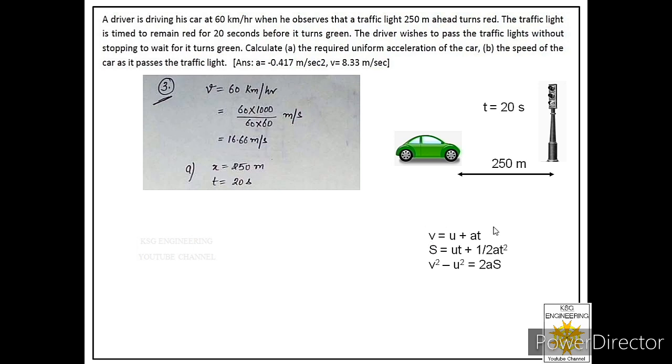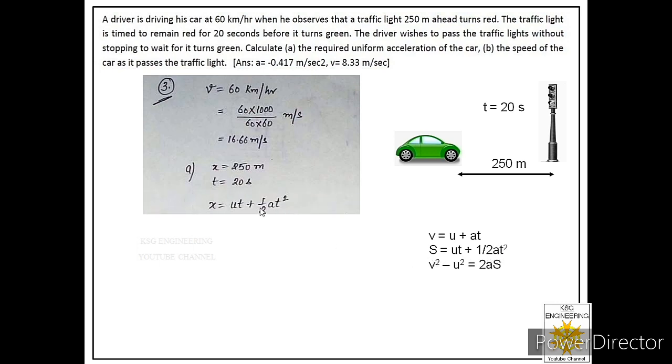So this equation is also not useful for us. Depending upon the data, we have to use this equation only. S over here represents the distance, that is 250 meters. Initial velocity we know, that is 16.66 meter per second. And time we are given as 20 seconds. It means we are left with only one unknown that we can find through this equation.